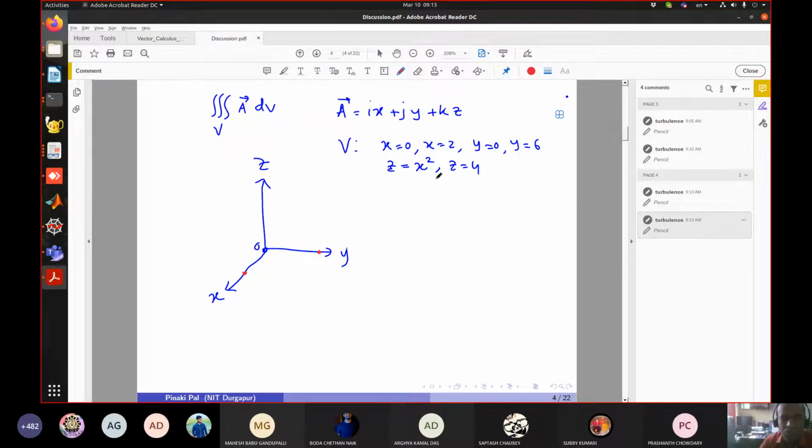Now what we have to do, z is equal to x square. That means it will be something like this. The parabola will typically look like this, and this part is not there, this part will not be there.